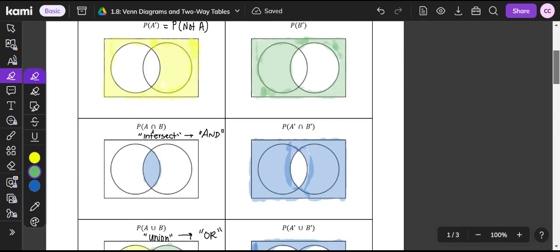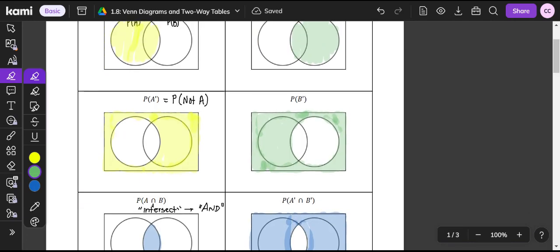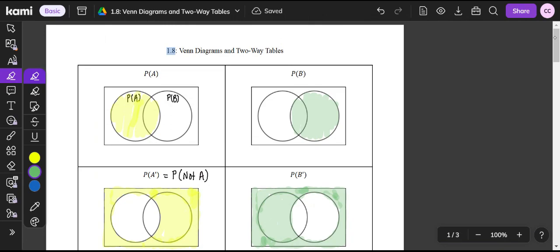Okay, now, for each of these, there are formulas that we can include in our notes. So if we go back up to the top of the front, the probability of A is just the probability of A. There's really not much I can do there. Similarly, the probability of B is really just the probability of B. Again, not much I can do there.